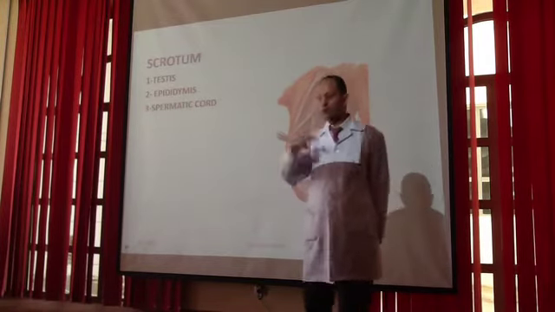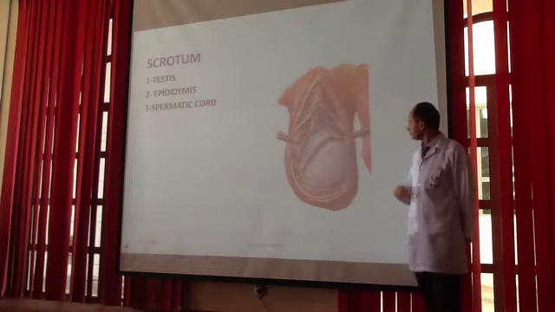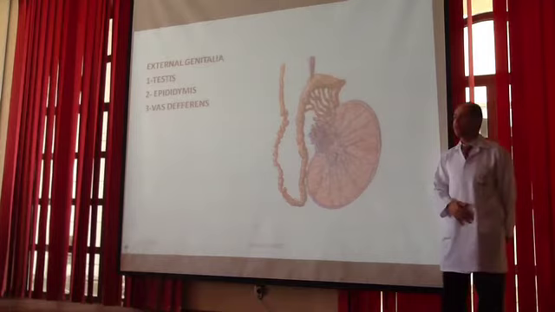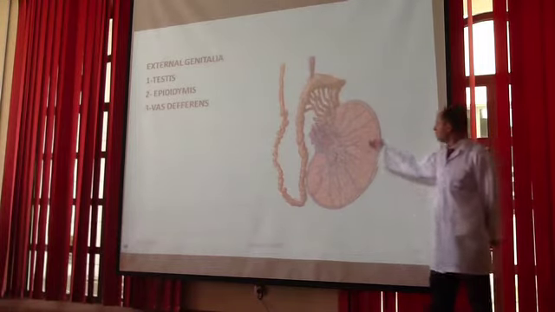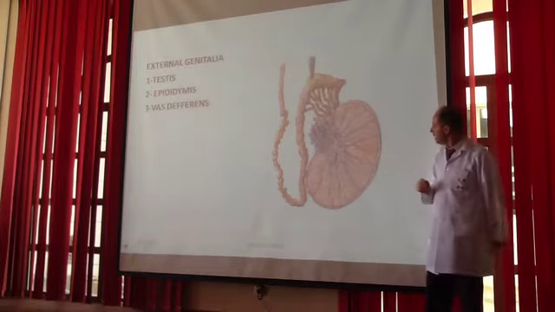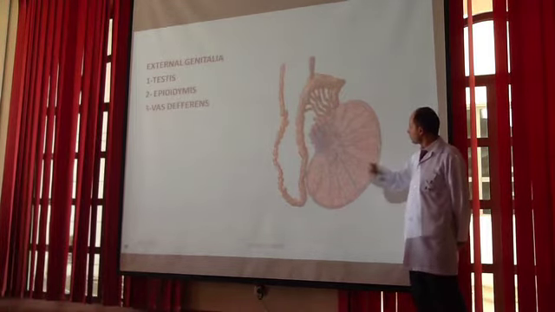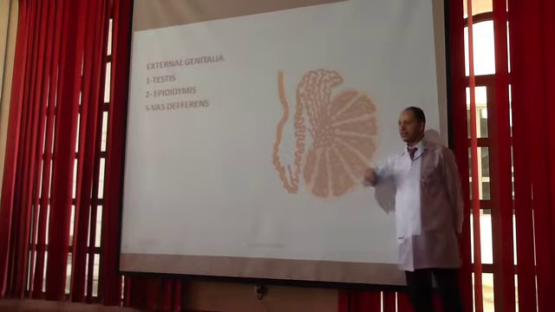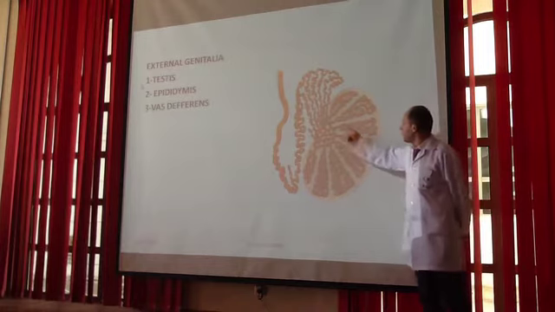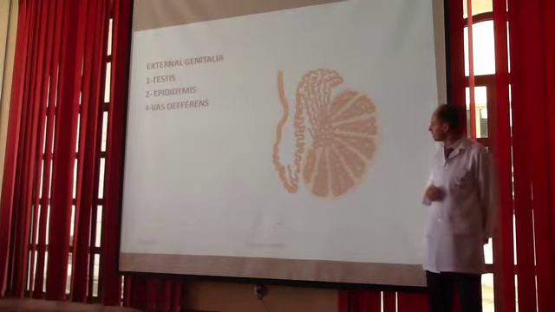No. This is a section in the testis formed by multiple loops, from 200 up to 300, and each loop contains seminiferous tubules, the site of formation of the sperms. On the other hand, we have scattered cells forming the hormone, which are the cells of Leydig.